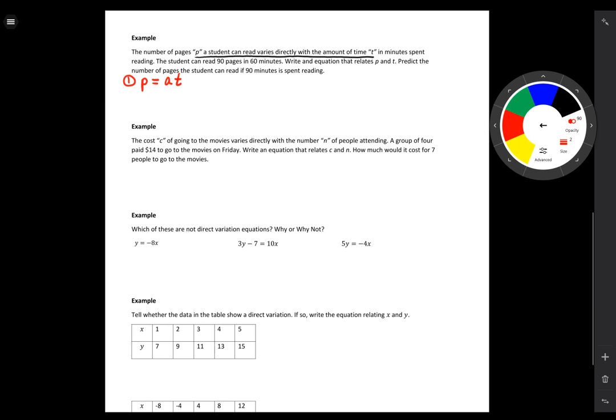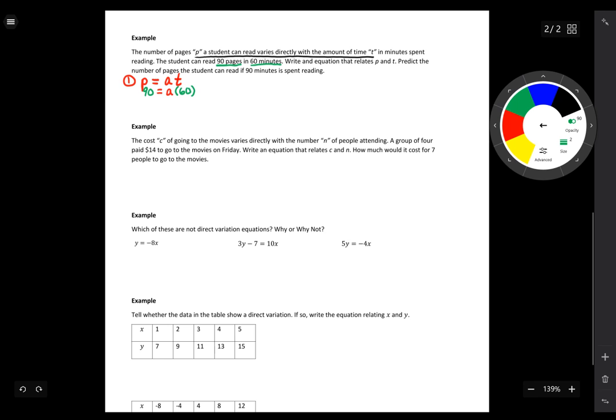So other information that we know is this right here, which I'm going to underline, 90 pages in 60 minutes. So we're going to replace the number of pages with 90 and the number of minutes with 60.